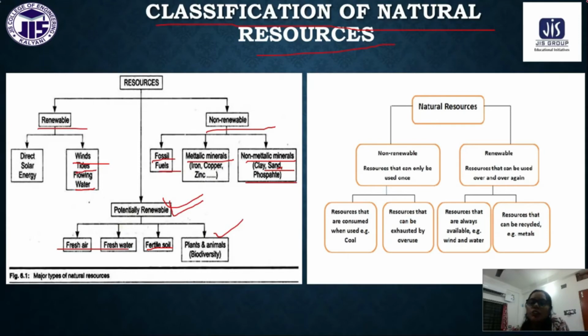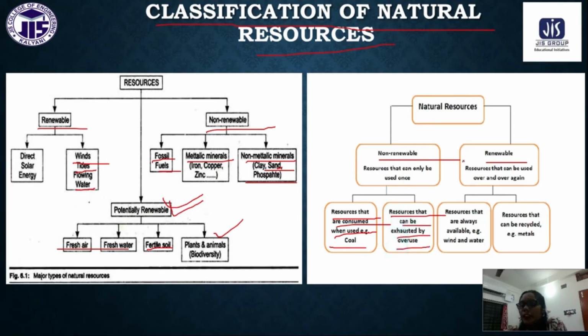Now natural resources can also be divided into two classifications, that is non-renewable resources and renewable resources. Non-renewable resources are consumed when used, like coal, resources that can be exhausted by overuse.